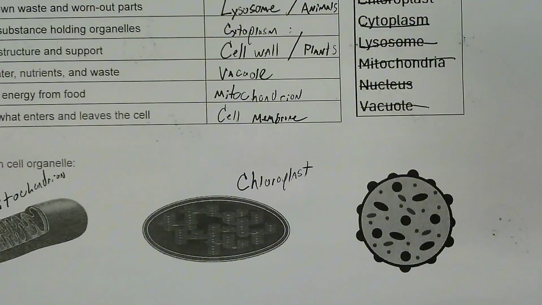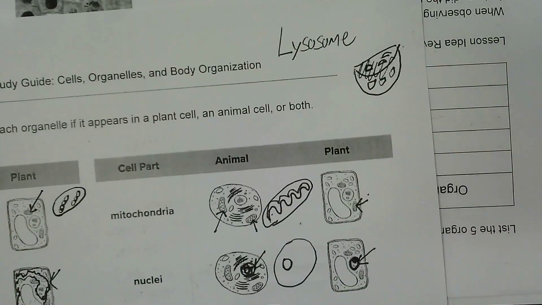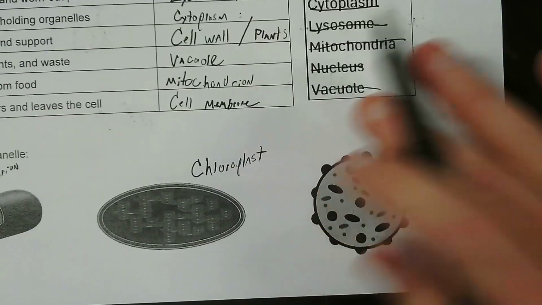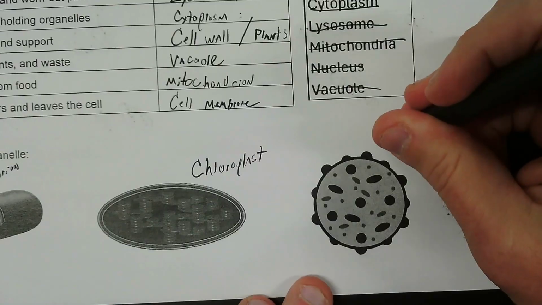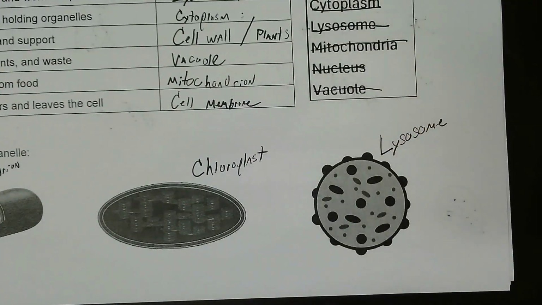Here, this is the funny looking one, right? I've showed it to you cut in half. It can also be represented this way. Lysosome, full of digestive enzymes, goes around.